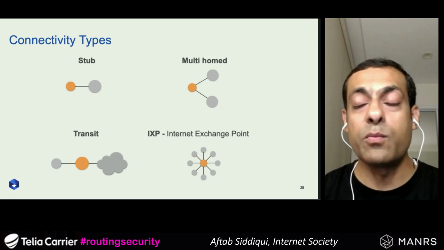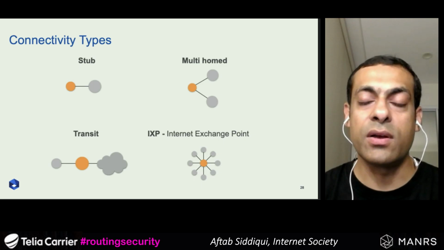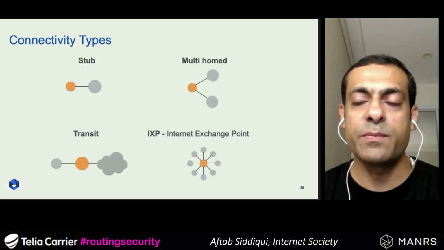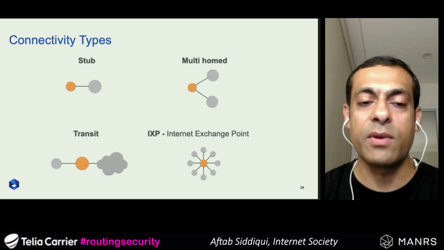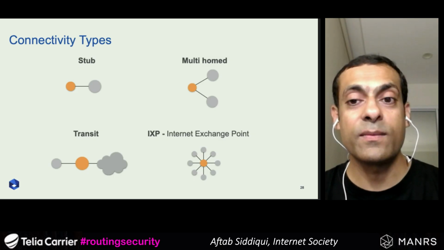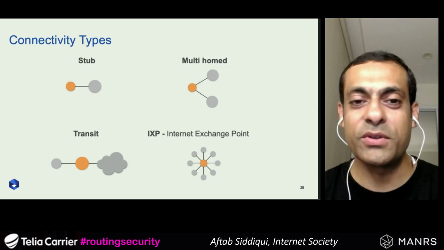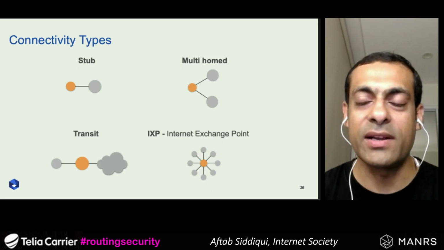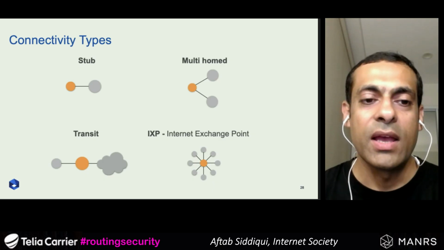But you can be connected to multiple service providers, so you are multi-homed. You could be connected to an IXP. That means you are multi-homed, and that gives you an equal opportunity to hijack or leak a prefix or a route.